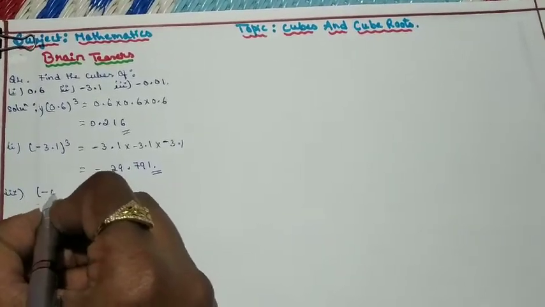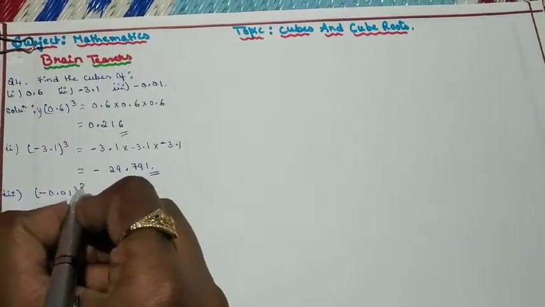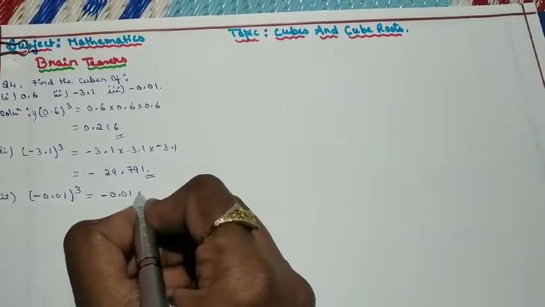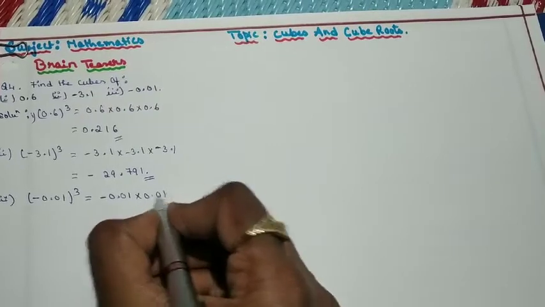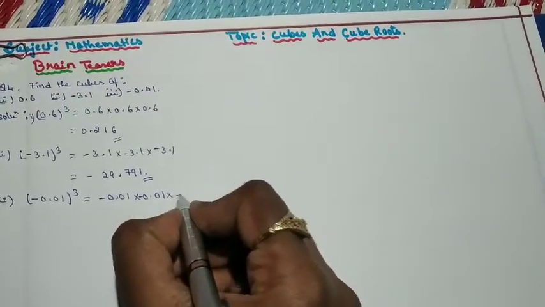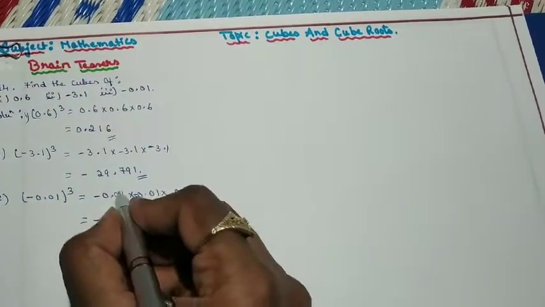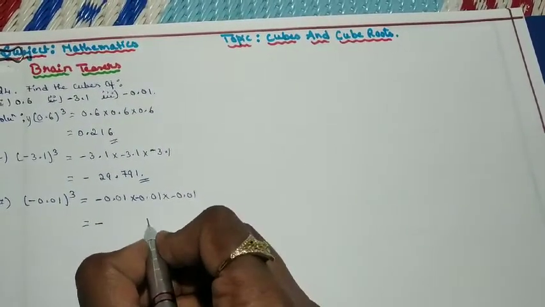Next, the third question, that is minus 0.01 cube. So here also we have a negative. So negative cube is nothing but negative itself. The answer is minus. So 1 into 1 into 1 is nothing but 1 itself.